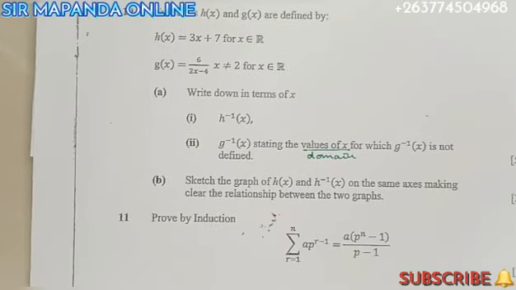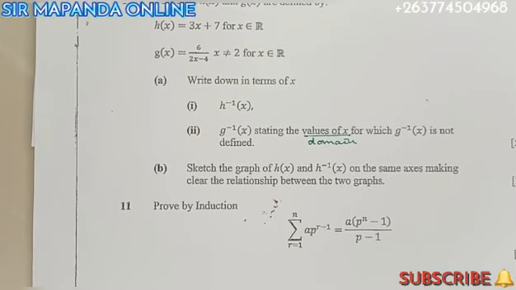Right, you are now on part B of the question. It reads, sketch the graph of h of x and the inverse of h on the same axis, making clear the relationship between the two graphs. So the first thing, even before sketching, you need to understand that if we plot the function and its inverse on the same Cartesian plane, they form a reflection where y is equal to x is the mirror line.